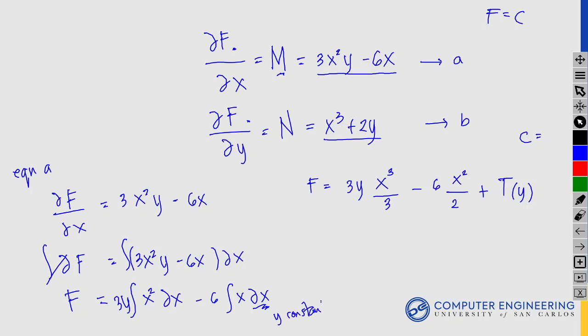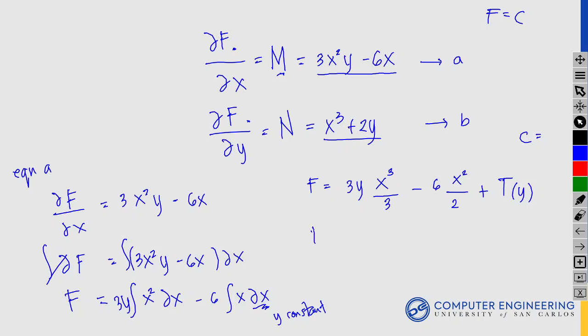So it is absolutely possible that the result of the integration will generate not just a constant value, but a term or a polynomial of the variable y because of the integration of the partial differential that we just did. So this is a solution now.